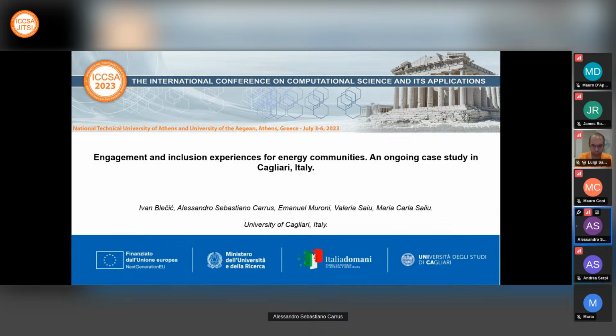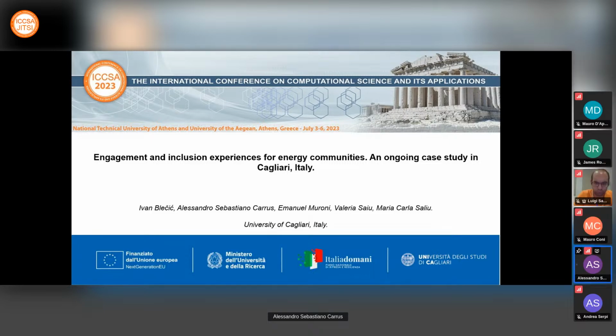To exemplify this approach, I present a still ongoing experience of a solar energy community, the first in the city of Cagliari, to demonstrate how the dynamics of inclusion and exclusion in the renewable energy project can contribute to producing a special social, cultural, and economic context that can adapt to changing circumstances.